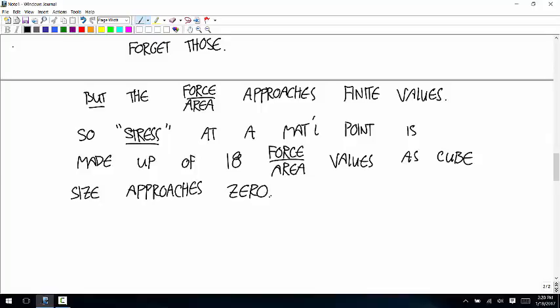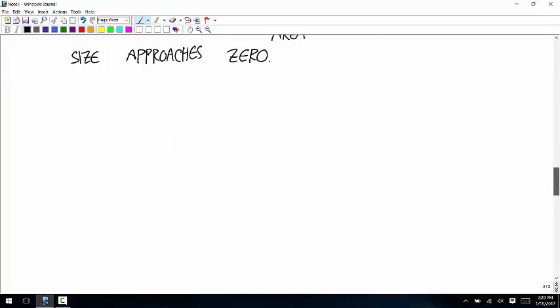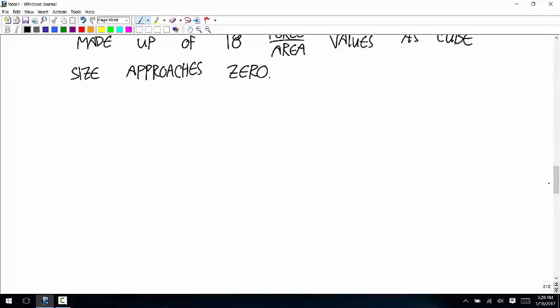Okay, and we're going to represent this on a cube graphically. This cube that I'm drawing is infinitesimal. But we're going to represent this on a stress cube, it's called. Actually, I don't know if it's called that or if I just call it that.